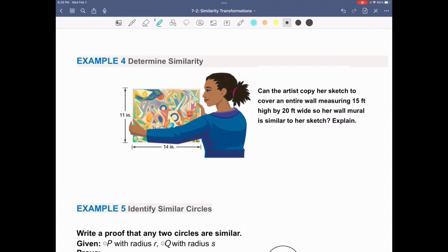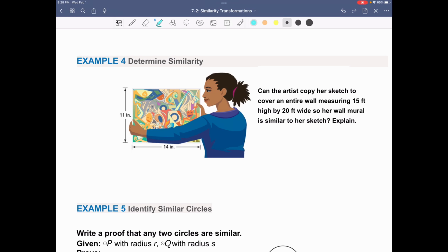Okay, we're on the last page, and example 4, we want to determine similarity. So this is a real world problem that could be used in interior design or just decorating your house. Can the artist copy her sketch to cover an entire wall measuring 15 feet high by 20 feet wide, so her wall mural is similar to her sketch? So she wants to draw this on the wall, and she wants it to fit the whole wall.